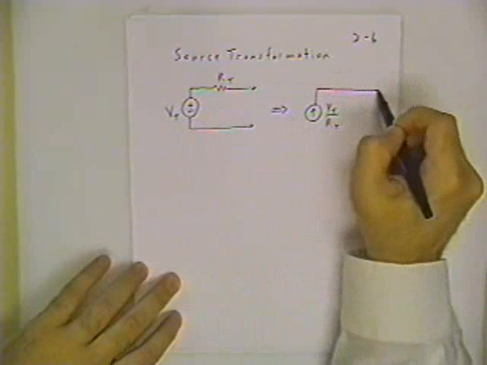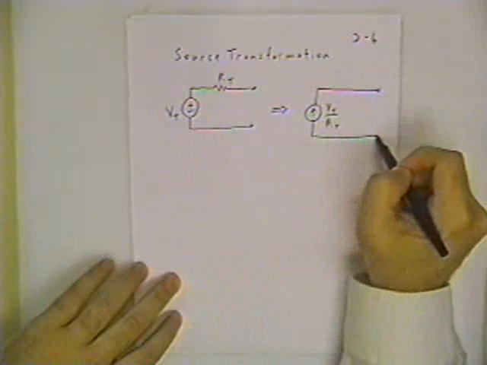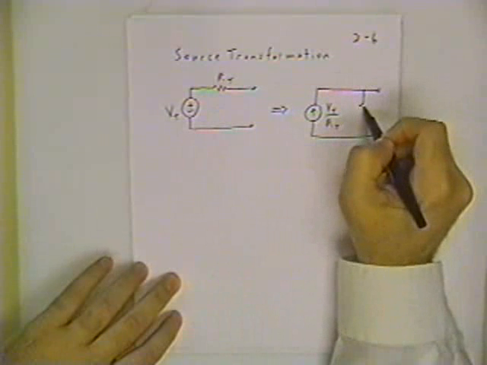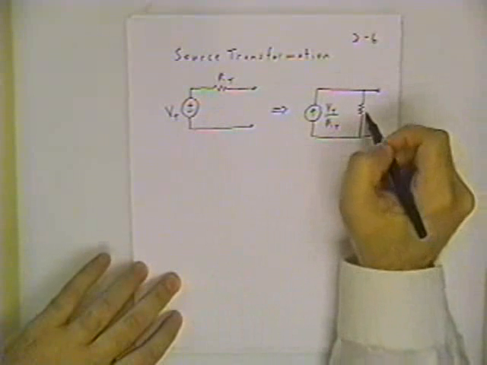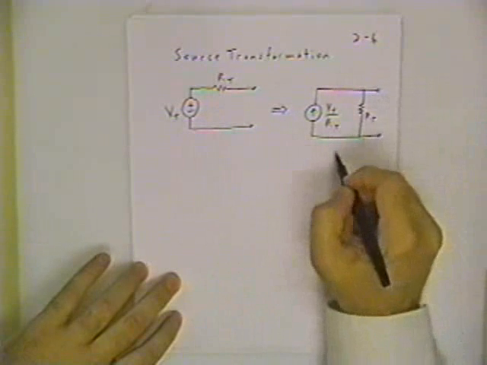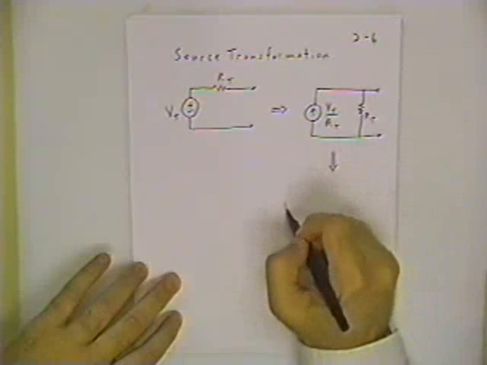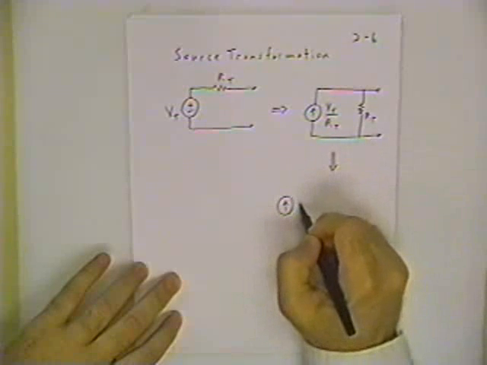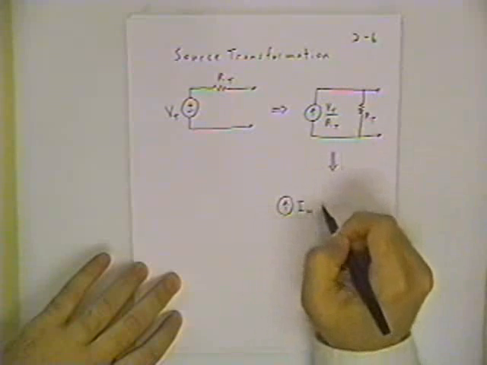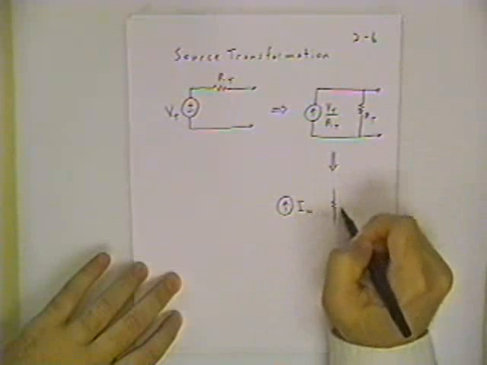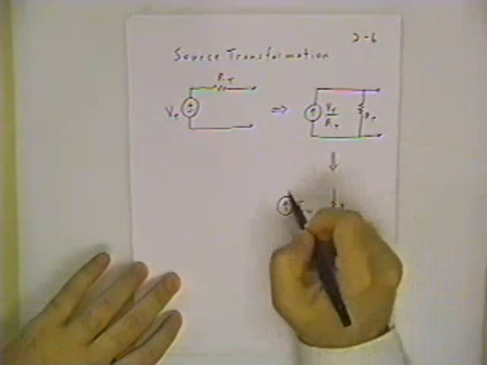So we put in a current source of VT over RT, and the resistance is the same. And then if you just want to dress it up with the proper nomenclature, you call that I sub N for Norton and R sub N for Norton.